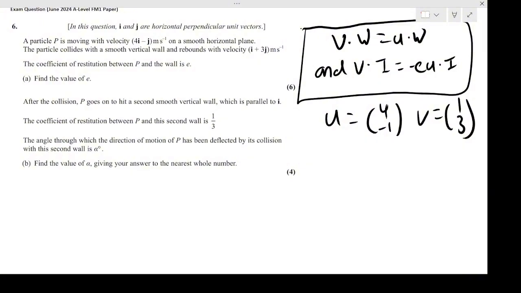Well, we can work out I, can't we? Because we know u and v, so we can work out I using our standard formula mv take away mu, which you should be familiar with. So I, in this case, is going to be m. We're not told the mass, but that's actually going to be fine. So I'm going to factor the mass out.